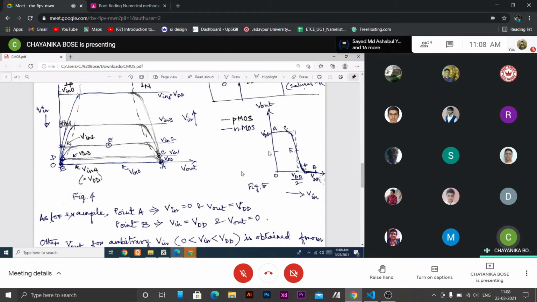Now what is the noise margin? It is the maximum amplitude of noise that the system can tolerate and still maintain the desired output voltage corresponding to our desired input. For an ideal CMOS, the transition appears at 5 volt for VDD 10, just at the middle. For 0 to 5 volt input, output remains 10 volt, and for 5 to 10 volt input voltage, output remains 0.